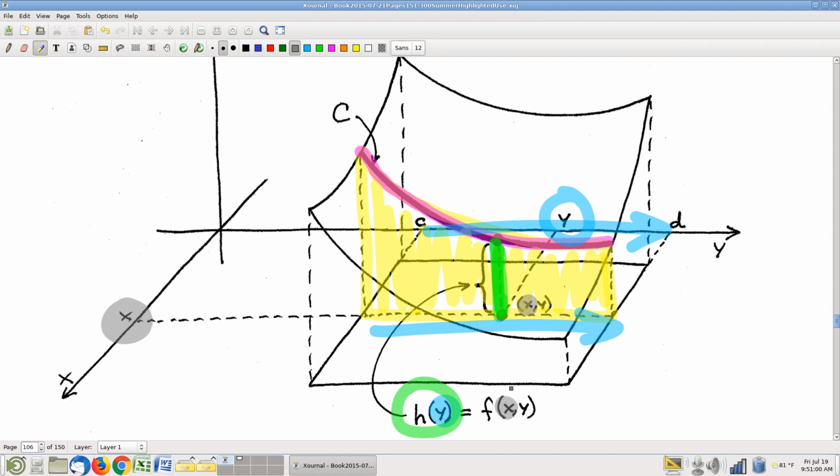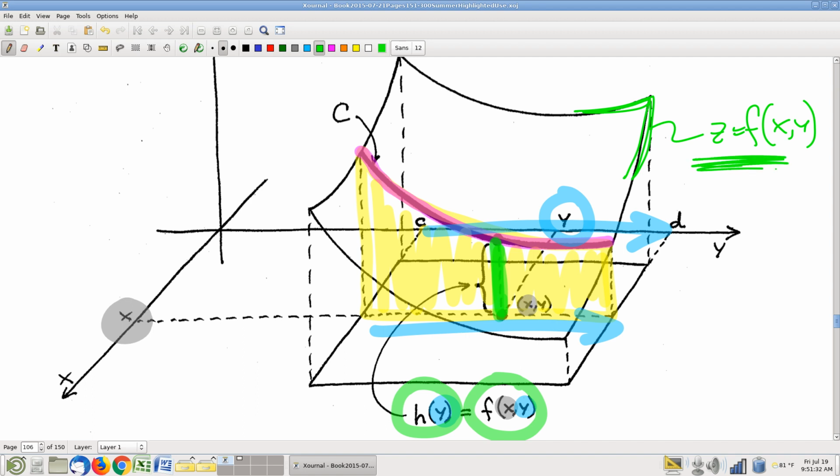So x is a constant, y is a variable, and for each value of y, if I want to know that height, well, I know x and I know y, and the height is the function f. That function f, the function whose graph I'm looking at. This surface is a graph of f. So height is f. Everybody happy? Everybody on board?